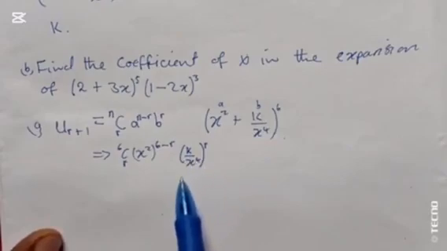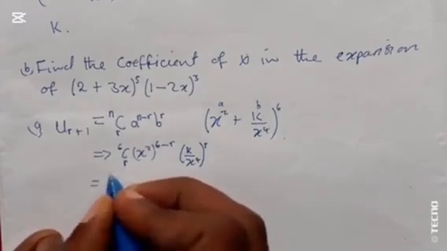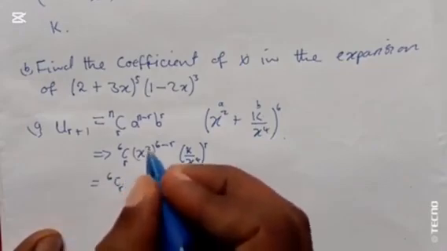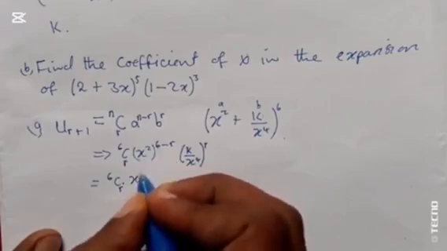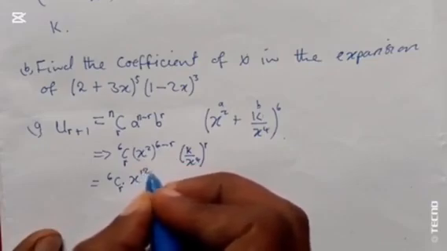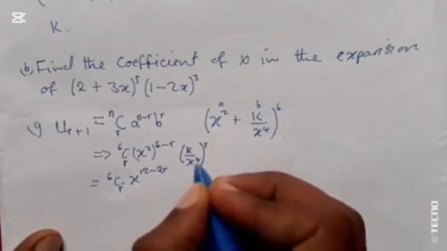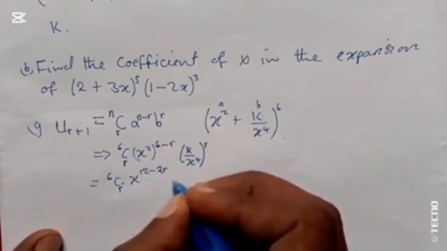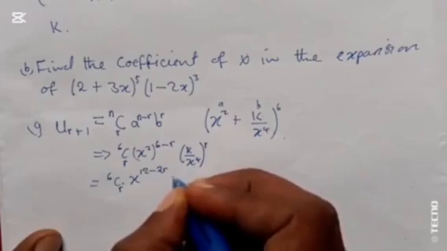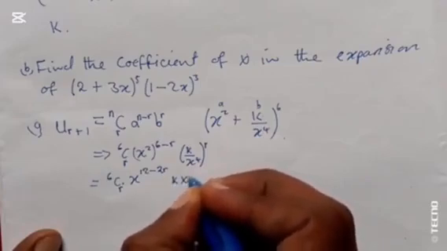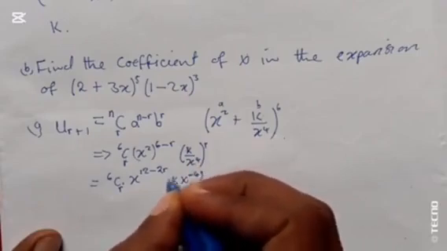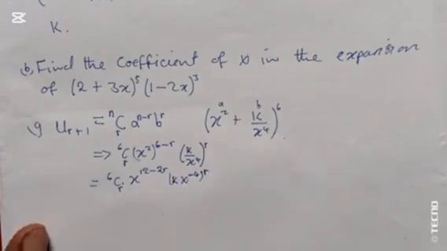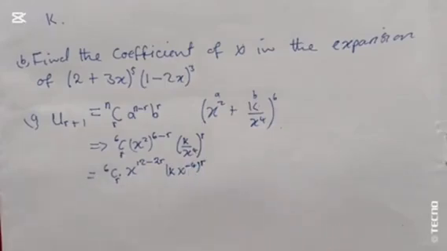We'll say 6 combine r, then there's multiplication, then x, when multiplied there we'll have x to the power 12 minus 2r, then this one can be written as k x to the power negative 4, then there is r as you can see. So it can be written like this.